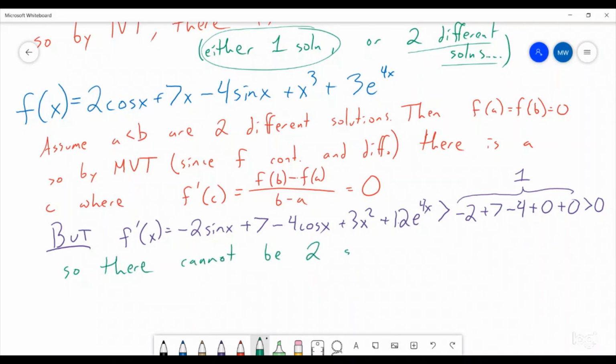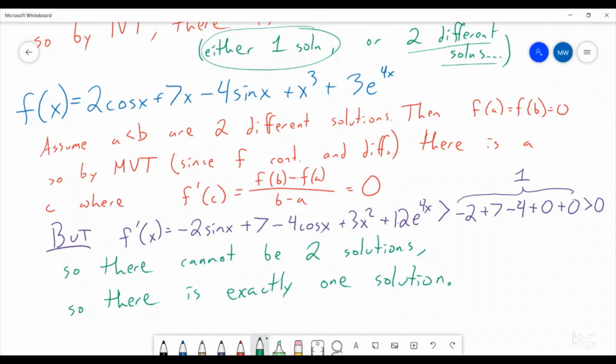And so if there aren't two solutions, that means there is exactly one solution. We don't know where it is, but we know that there is exactly one solution. There we go. That's how you would go through and do this problem.